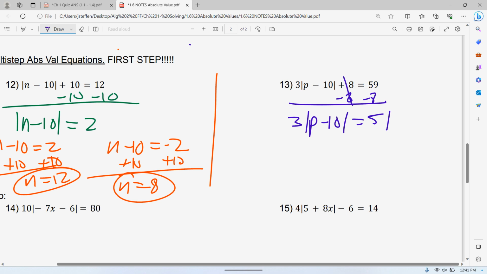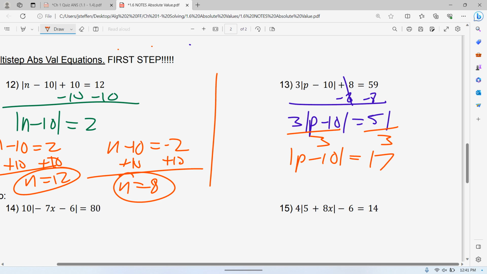This next step, I know some people distribute the 3, so I have a 3p minus 30. I'm going to advise you not to do that. It does work sometimes, but it doesn't work all the time. So if you start doing that, that's fine, except that eventually you'll do it one of the times that it doesn't work. So rather than doing that, once you get to this step, we're going to divide both sides by 3. So we end up with the absolute value of p minus 10 is equal to 17.